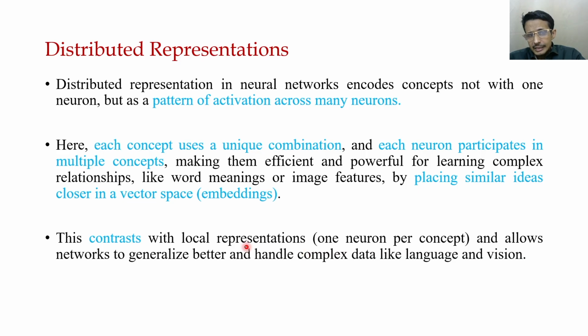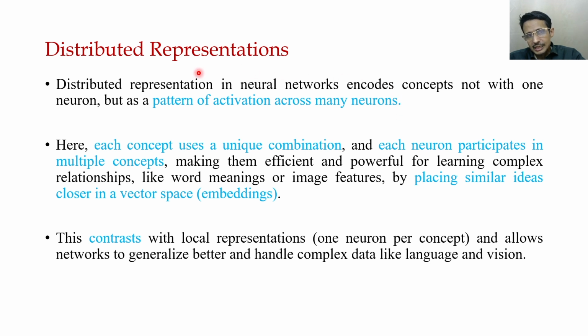Because if you use a single neuron, there is a chance of a local concept coming up, but here many neurons are used, so the pattern is an activation across many neurons.